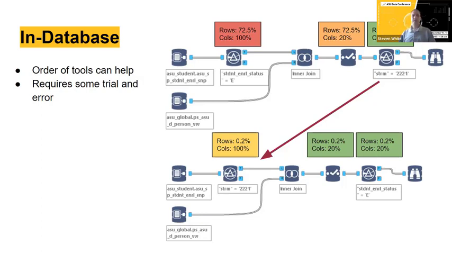So when you're designing a query, it makes sense to put tools earlier in the workflow that get rid of as many rows or columns as possible early on to help with the efficiency. So this is just sort of a contrived example. But let's say that we're connecting to the student enroll snapshot table.